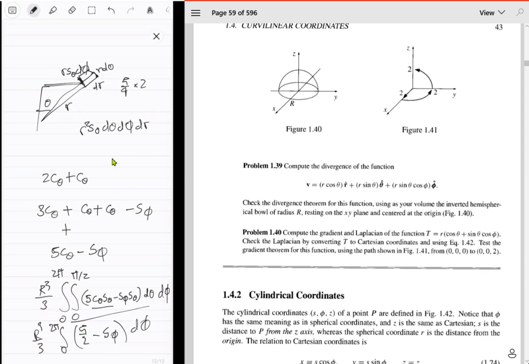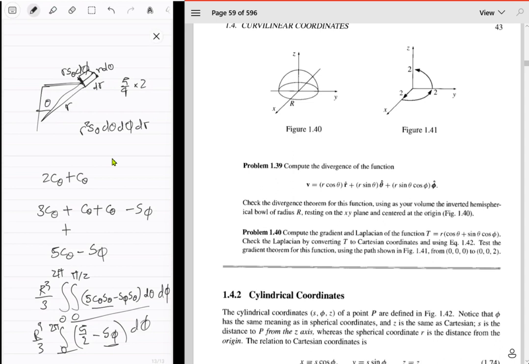It's like the imaginary component of the complex number e to the i phi, and by symmetry it's going to cancel out. So in the end, the integral of this guy is just 0. Yeah, that is 0, of course.